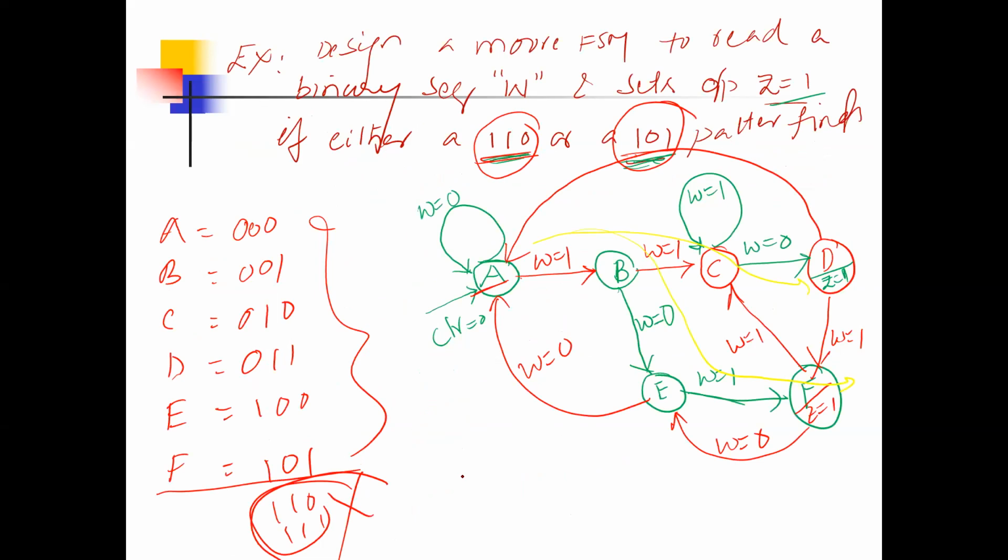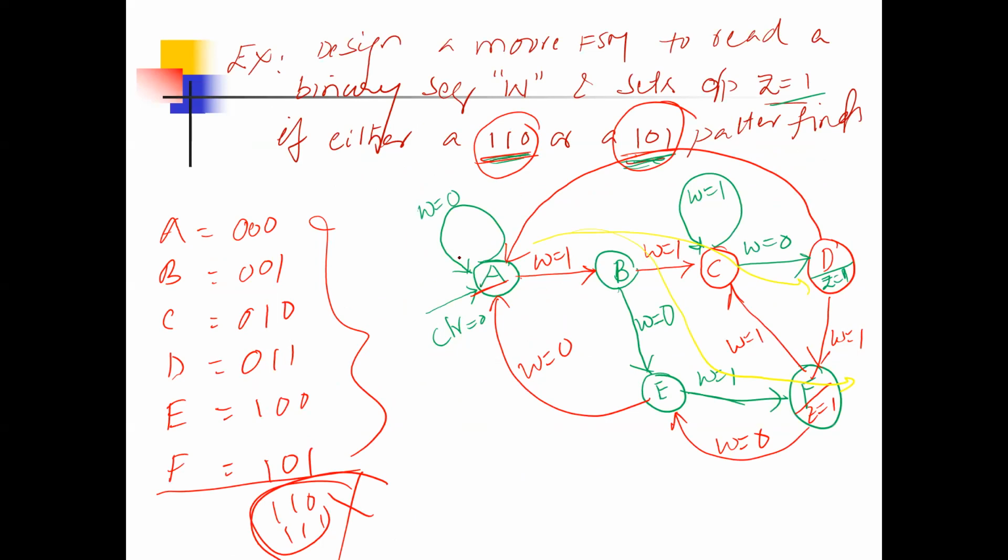So the input bit stream is coming. If continuously in an order, suppose 110 or 101, if you get that, the machine should produce the output as high. Otherwise, the machine output should be 0. To design this machine, you can start with some assumed states, A, B, C like that.